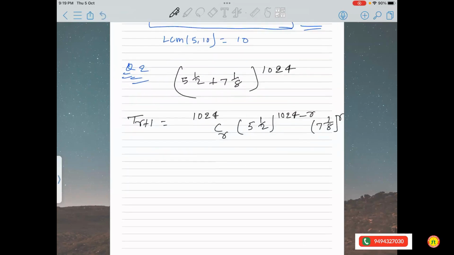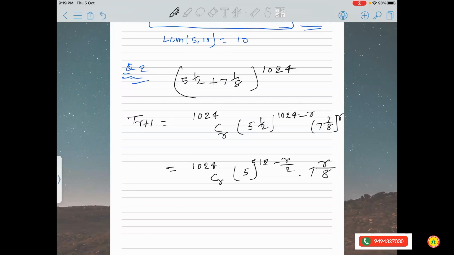So now it becomes 1024Cr, 5 power (1024 minus r)/2, into 7 power r/8, right?